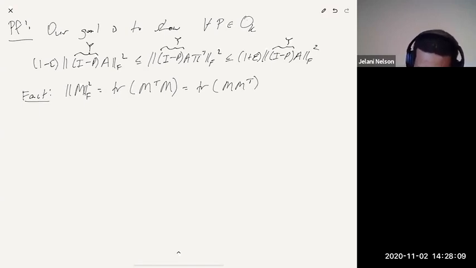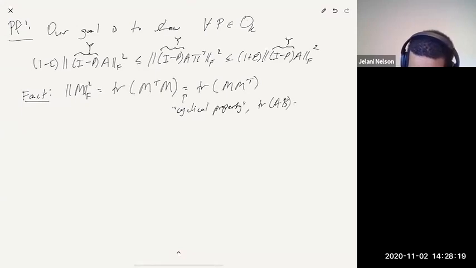I guess this here is the so-called cyclical property of trace. Namely that trace of AB is equal to trace of BA, as long as the dimensions make sense. So as long as A times B might make sense in terms of matrix dimensions, whereas B times A doesn't.